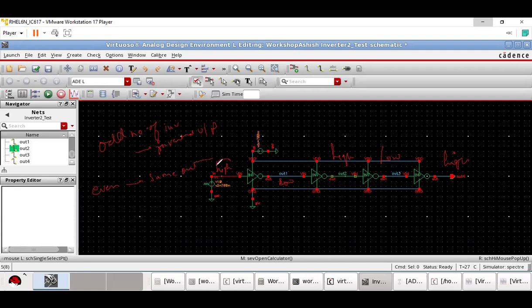Means if your input is high and number of inverters is even, the output will also be high. And if your input is high and number of inverters in chain is odd, then output will be low. I think it is very easy to understand. Right? Now, what are the nitty-gritties of delay?